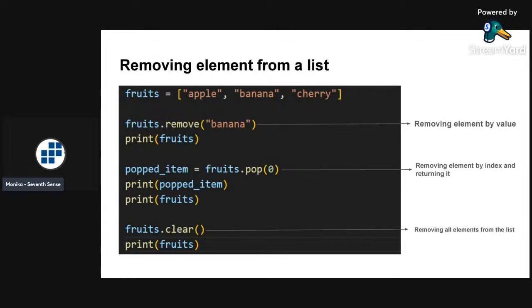I'm giving the value banana and I'm removing the element. So, what will be my output then? Fruit equals, what will be the output? What will be our output, Harish?